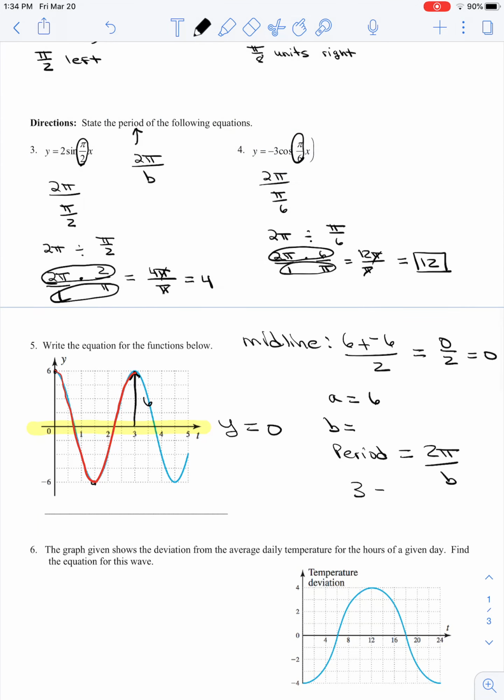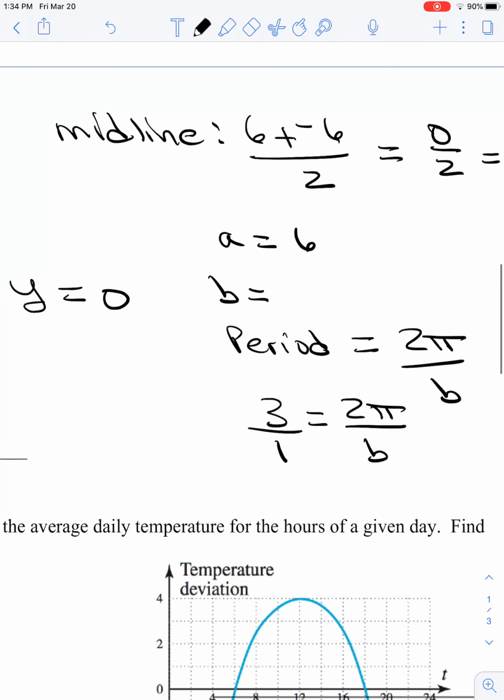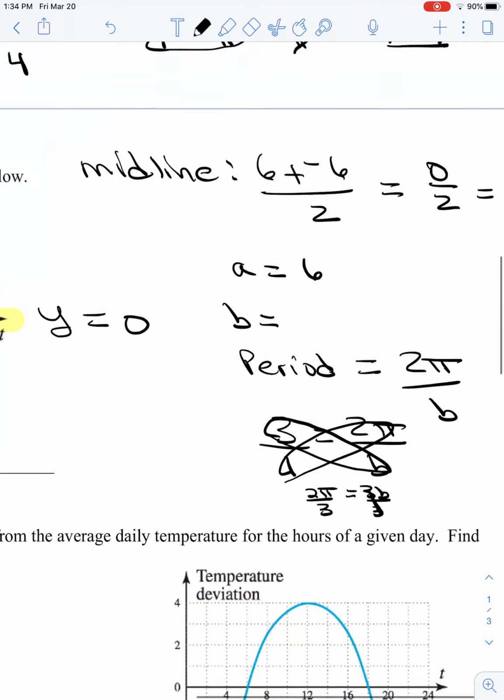So if I know the period is 3 and I know the formula for period is 2 pi divided by the frequency, now I can cross multiply to solve for it. So I'm just going to make this a little bit bigger so I have more space. So I'm going to say 2 pi equals 3b, and then I can solve for b. So my b value would be 2 pi over 3.